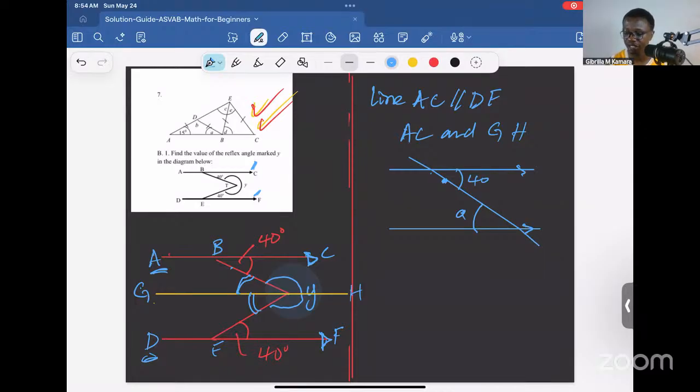Whenever we have a Z shape, like if you go this way, you come this way, and you go this way, this angle is equal to this. They are alternate angles.